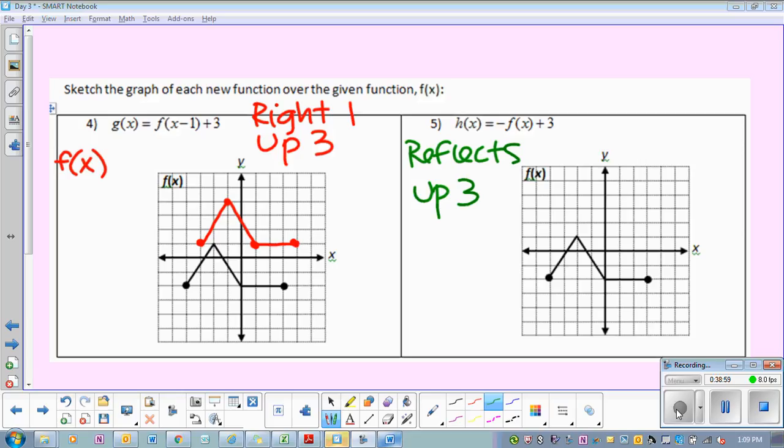Reflects, and then up 3. Yes? Okay, good. Did everyone get this?